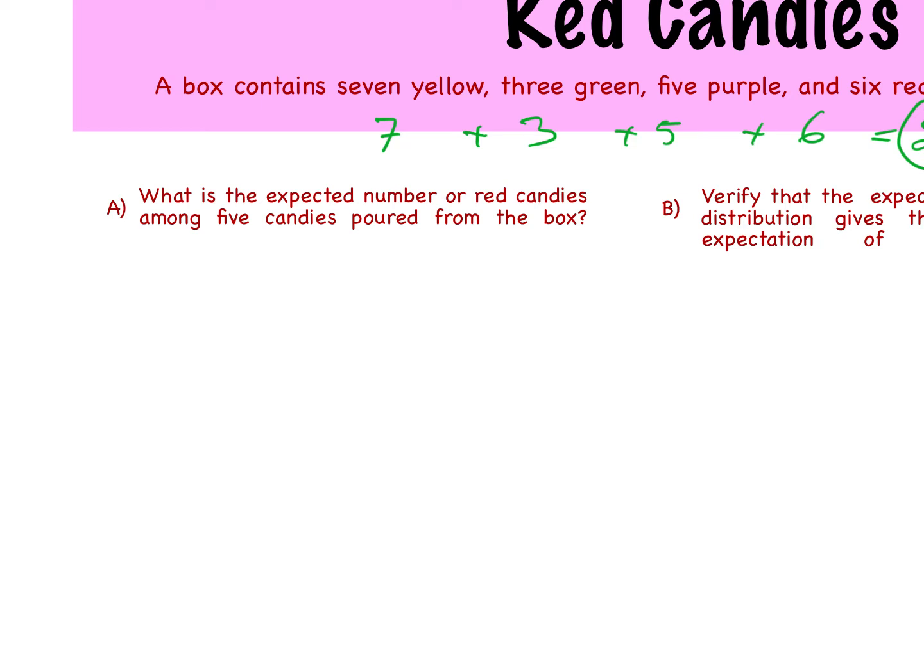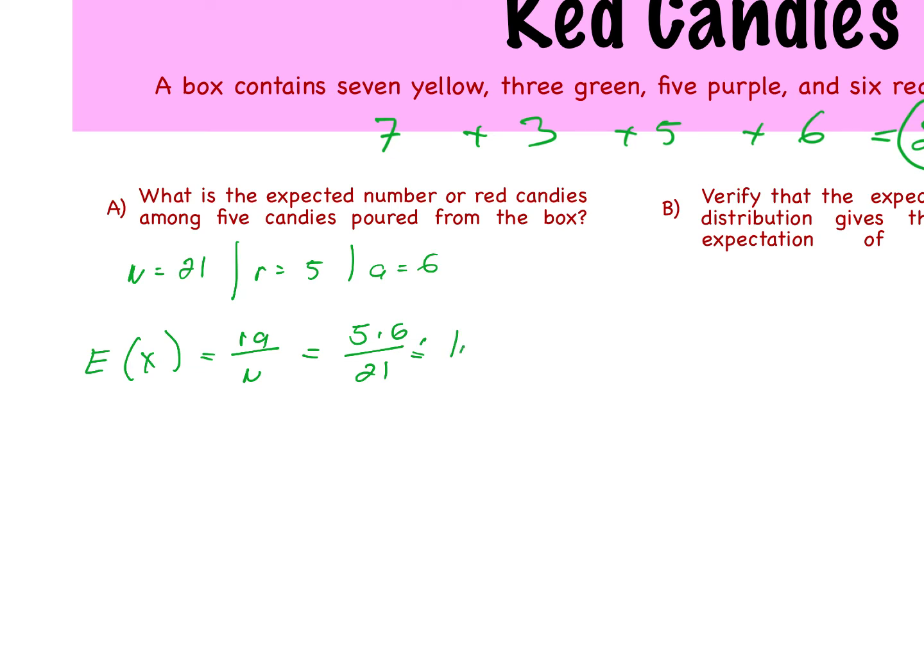So we have our total, N, which is 21, R equals 5, A equals 6. Using our short form expected value, which is RA over N, 5 times 6 over 21, which is approximately 1.4285. So 1.5 candies, so between 1 and 2 in practical terms.